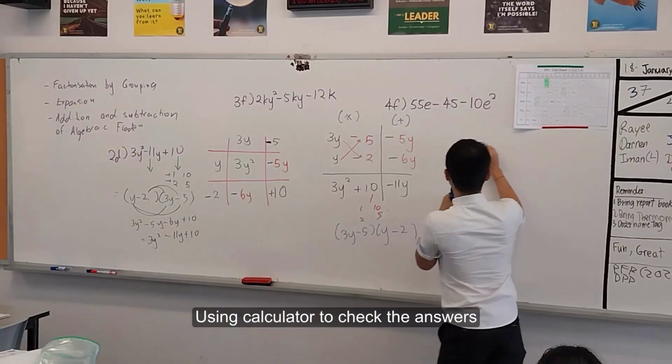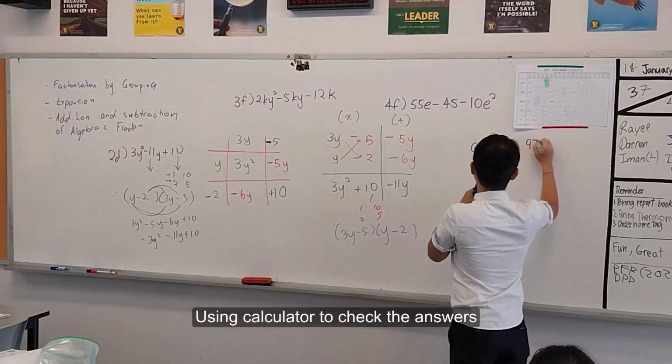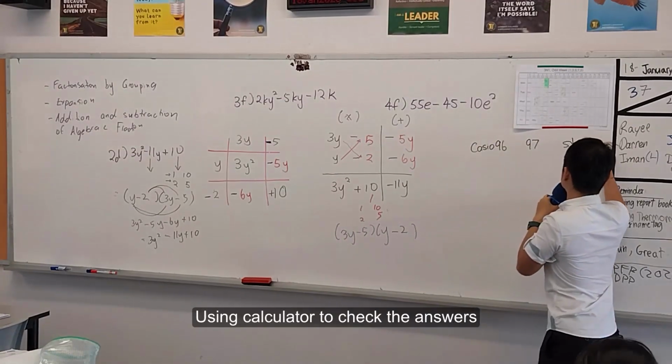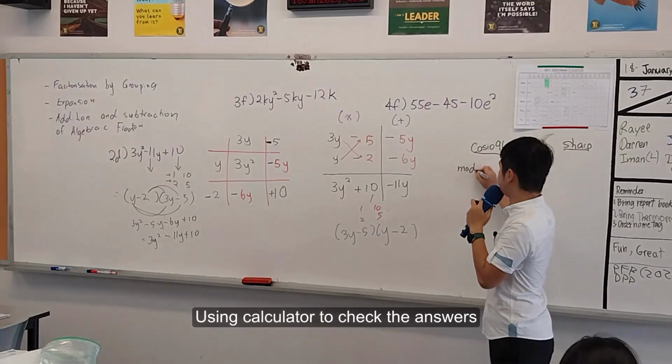Okay, so Casio 96, 97, and Sharp. For Casio 96, press mode 3 3.